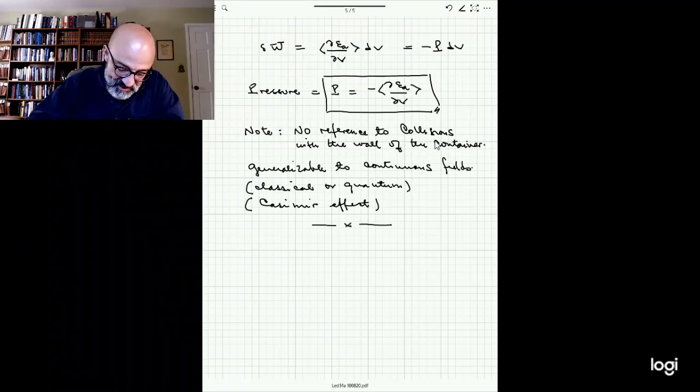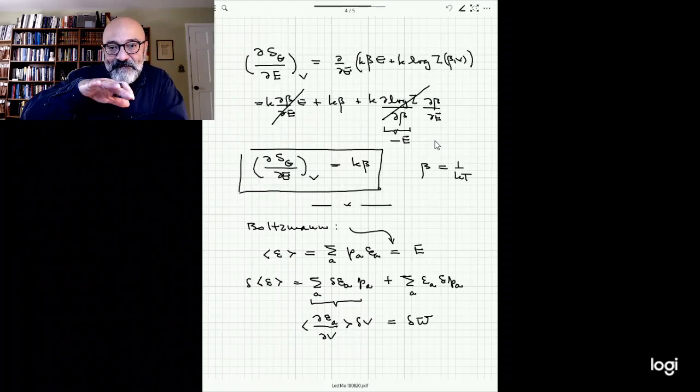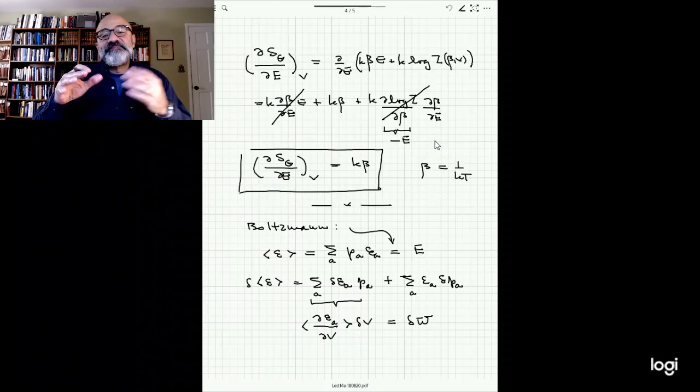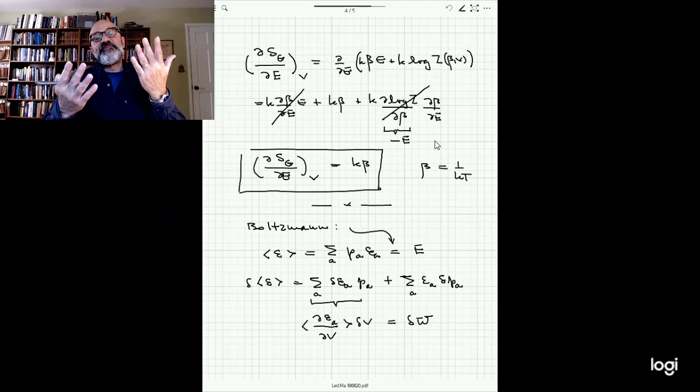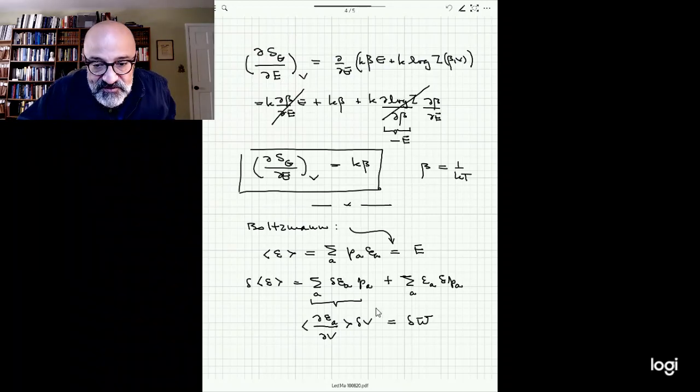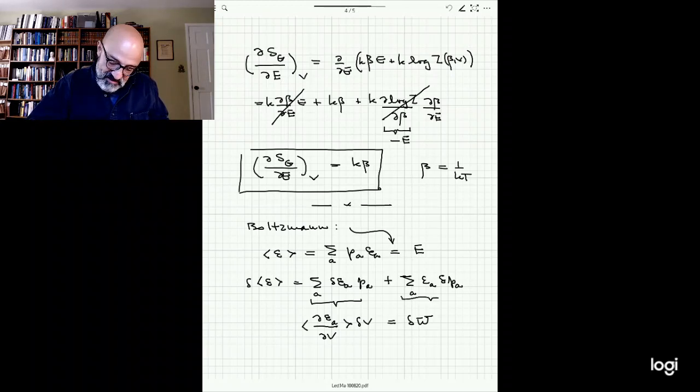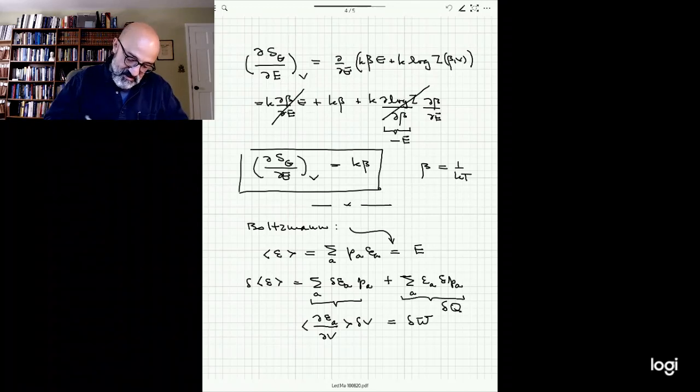The next step in this matching between statistical mechanics and thermodynamics is to say, if this first piece here is work, then this second piece here must be heat.